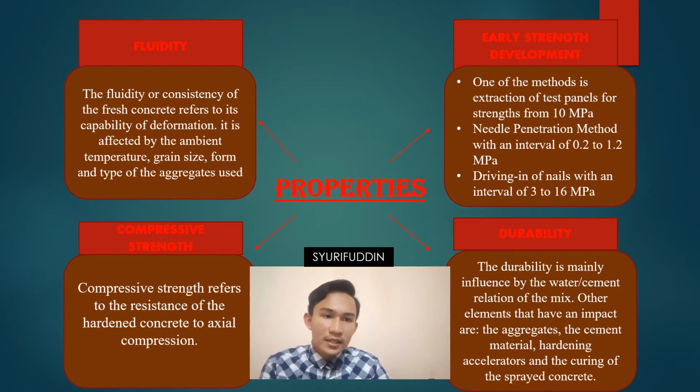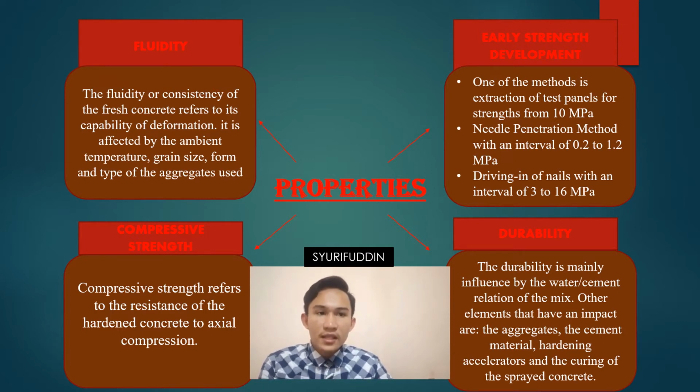Adequate fluidity helps to minimize pulsation of the concrete pump, to obtain the dispersion of accelerators and fiber, and to secure adhesion to the substrate. The concrete slump test is used to measure the fluidity of the mix on site.